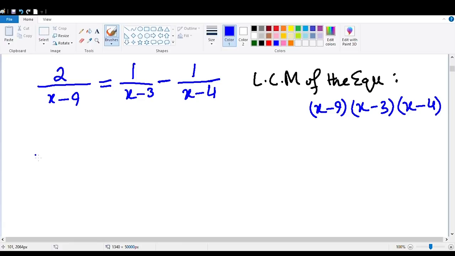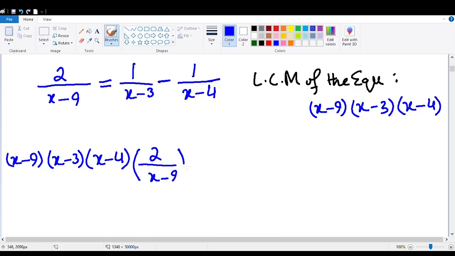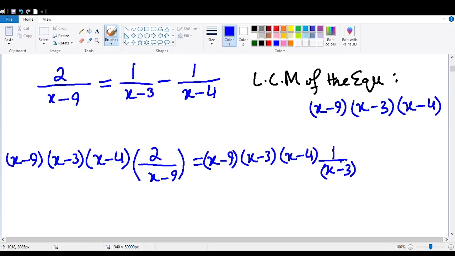So we'll have x minus 9 into x minus 3 into x minus 4 into 2 over x minus 9 in brackets, equals x minus 9 into x minus 3 into x minus 4 into 1 over x minus 3.